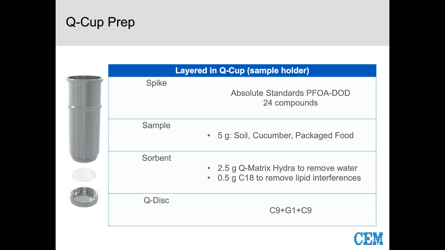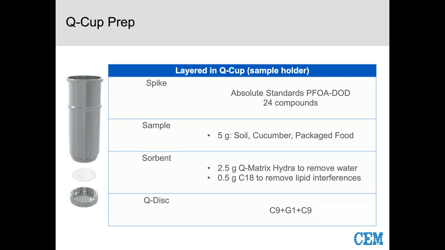So soil, nothing. Cucumber, we use some Q-Matrix Hydra, and for the packaged food, we're using a little bit of C18. Then across the board, we're going to weigh in 5 grams of sample, so 5 grams of soil, cucumber, and packaged food. And then we're going to spike.